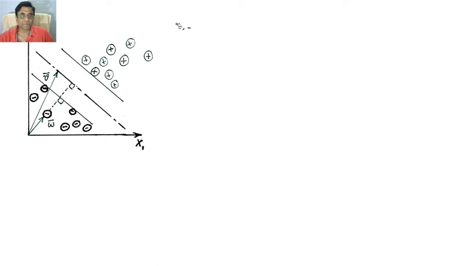So here we can see that we have some samples belonging to the negative class and samples belonging to the positive class. And what we are trying to do first is to make a decision rule.